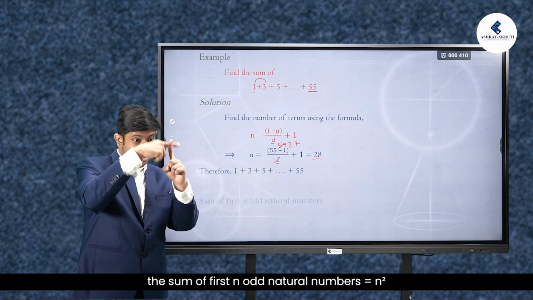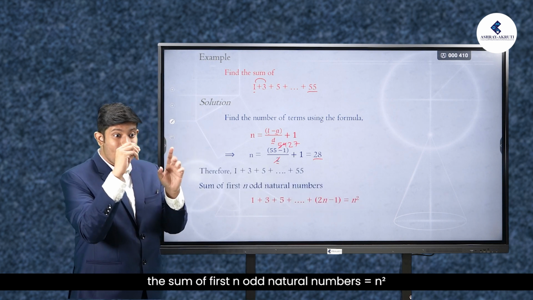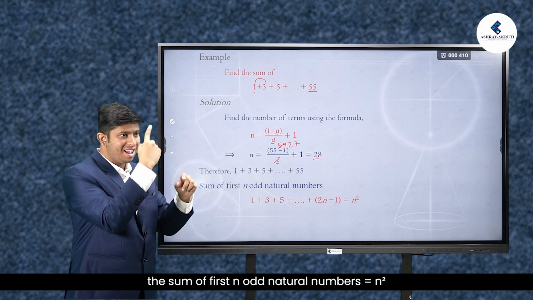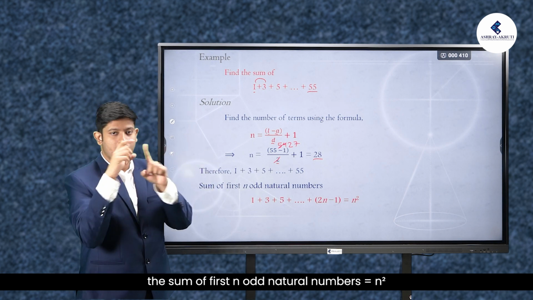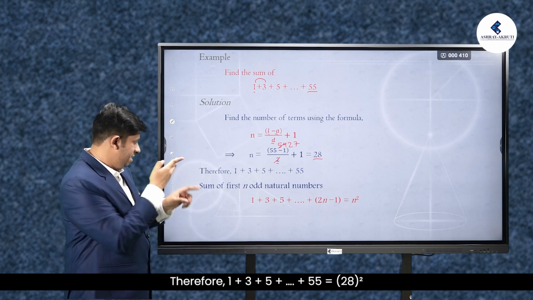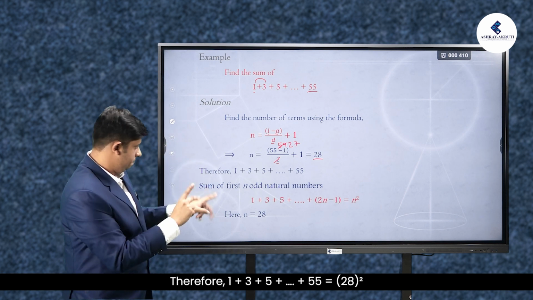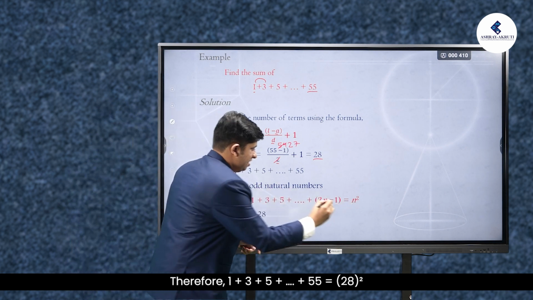We know the sum of first n odd natural numbers is equal to n square. Therefore, 1 plus 3 plus 5 plus so on plus 55 is equal to 28 square.